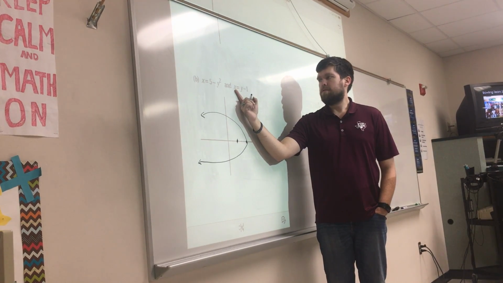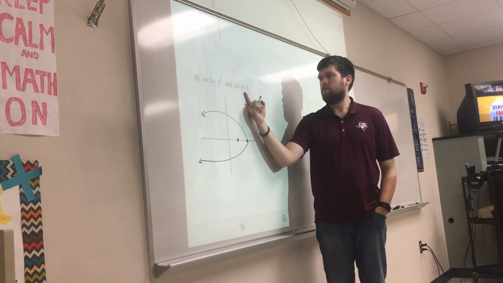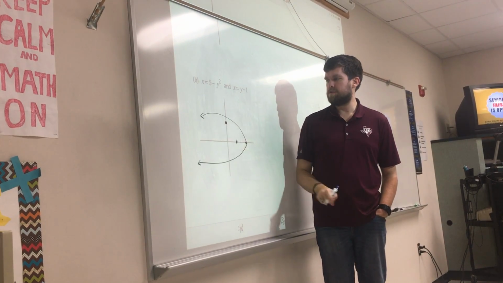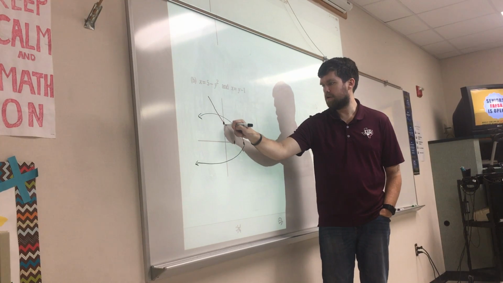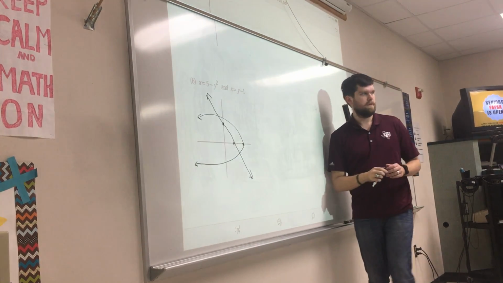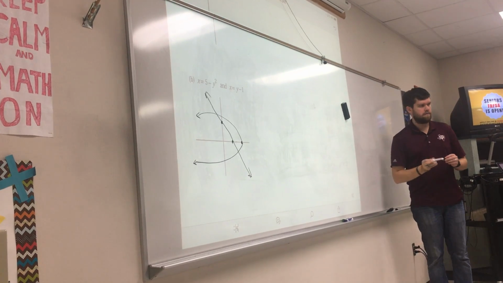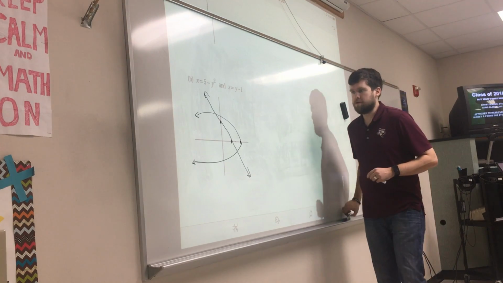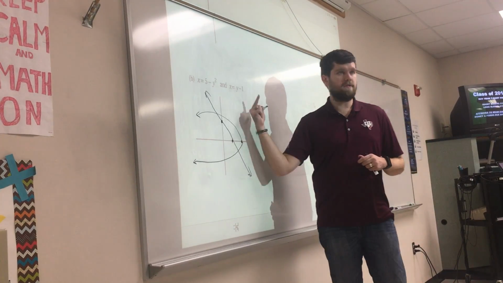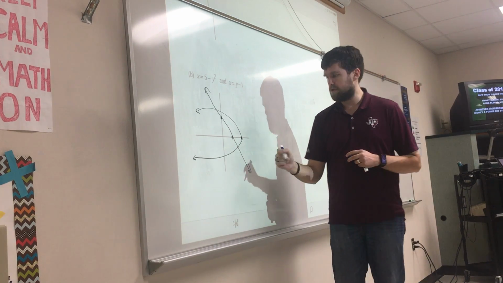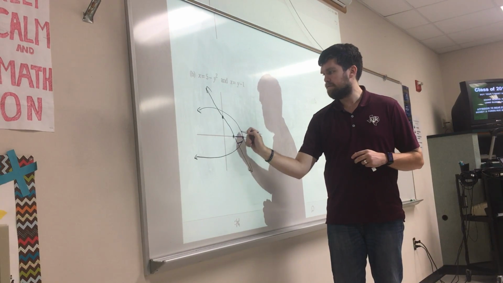What is y? y is 1, right? So 0, 1 is also going to be here. Okay, and so this is going to be a linear function that goes through those 2 points, like that. And so now can you see what the area we want is? Okay, now if I were going to do this, obviously I want to do this in y's because my equations are already in terms of the variable y. So this is what we're doing, right minus left.